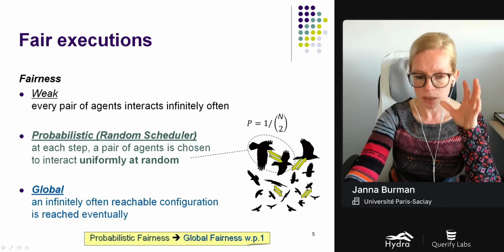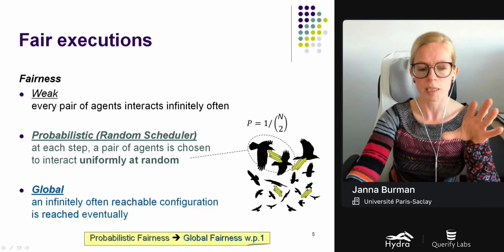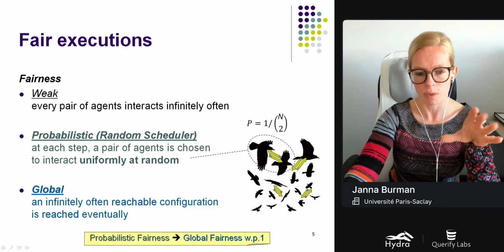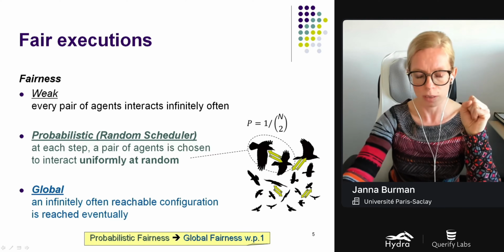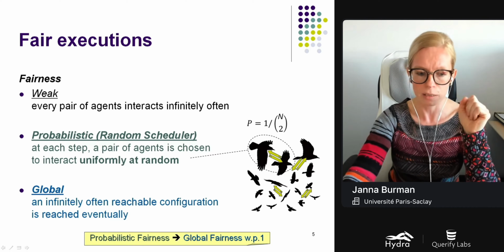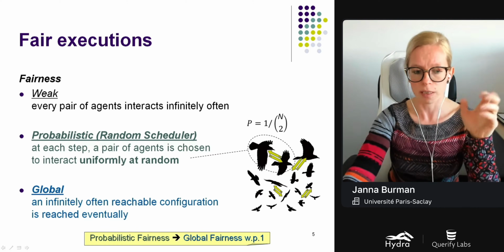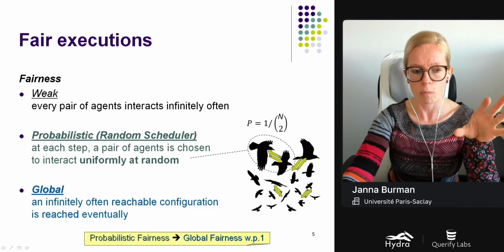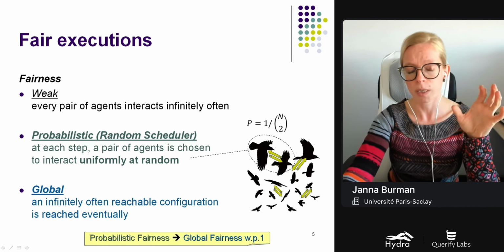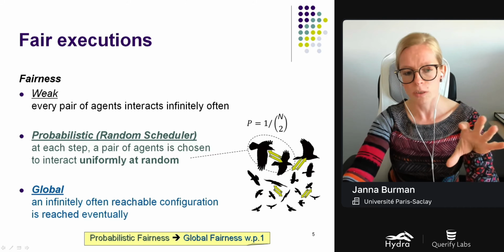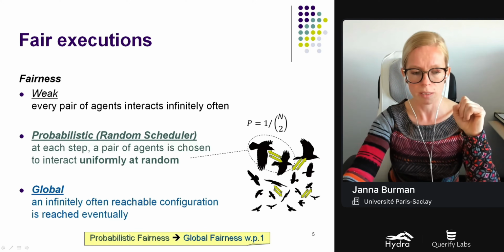Okay, and I would like to stay a little bit more on these notions because they are important and quite delicate. So I will give you an example now, which will illustrate better the difference between weak fairness and the two other fairnesses.